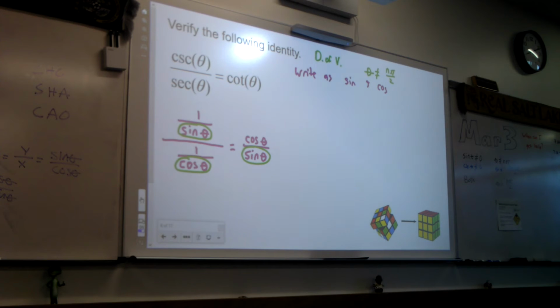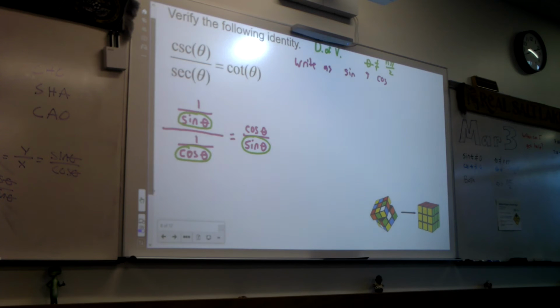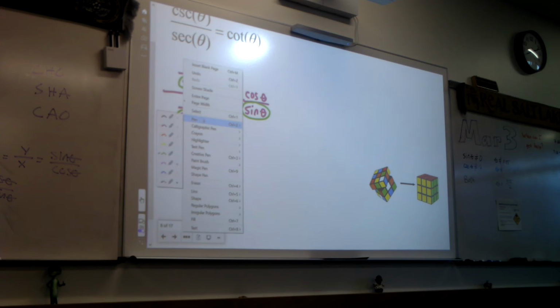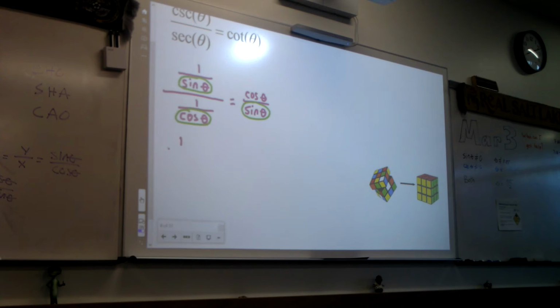Now we get to keep going with this. On the left side, I have a fraction divided by a fraction. What do we do if we have a fraction divided by a fraction? Keep, change, flip. Multiply by the reciprocal. Let's write this out. So I'm going to keep 1 over sine of theta. We're going to change it from dividing to multiplying.